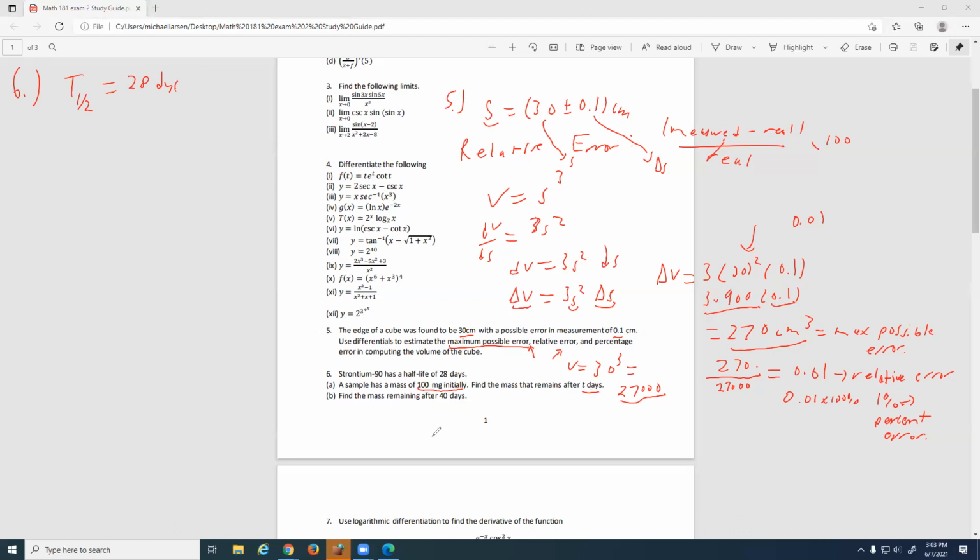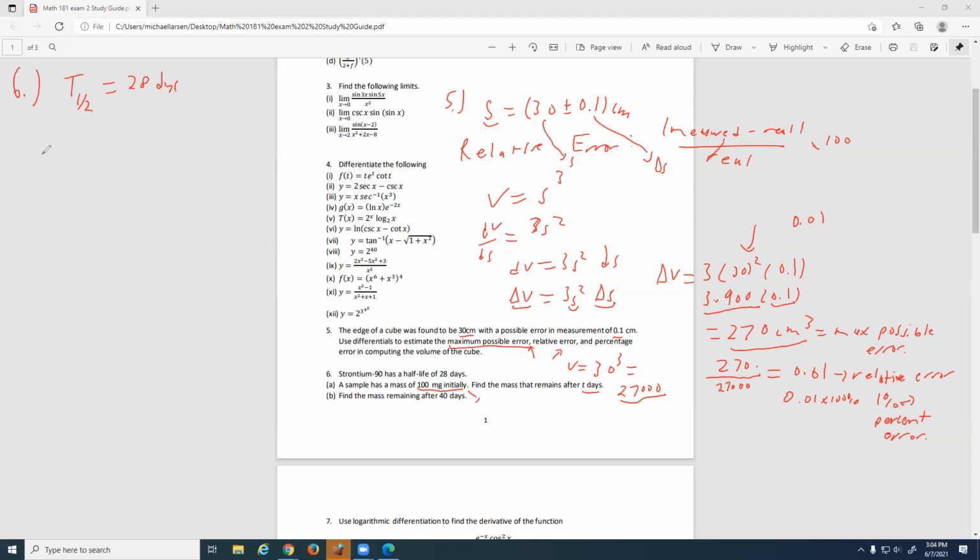Do you guys have any ideas on what sort of equation we could use to model this data? We have the initial mass times e to the power of kt.